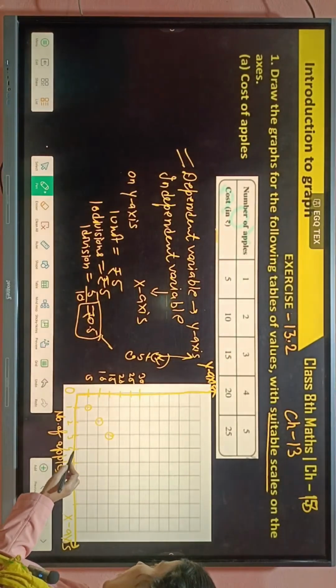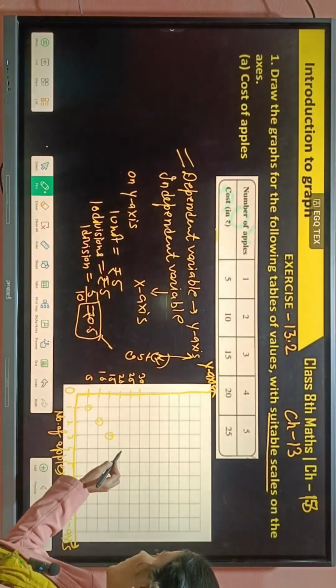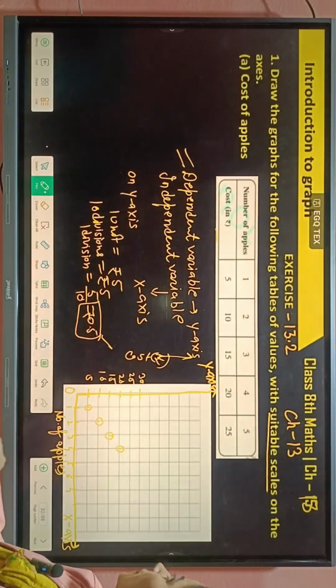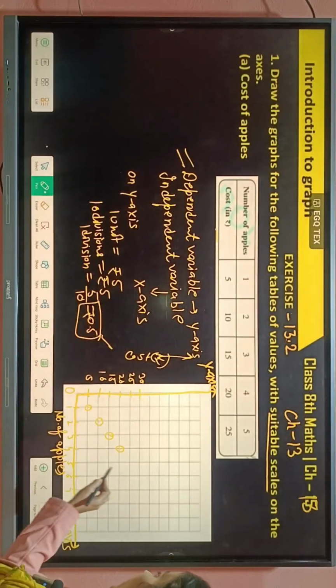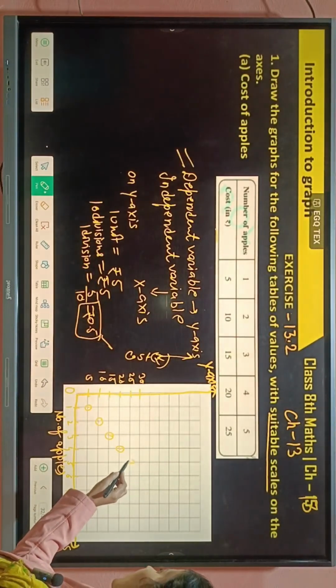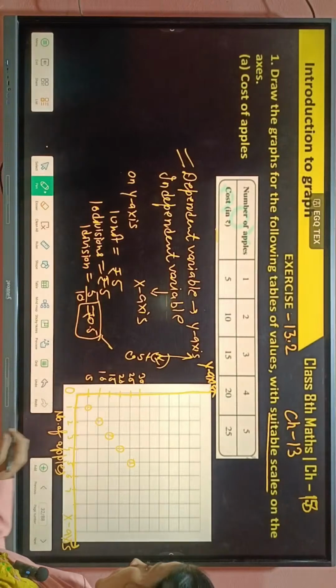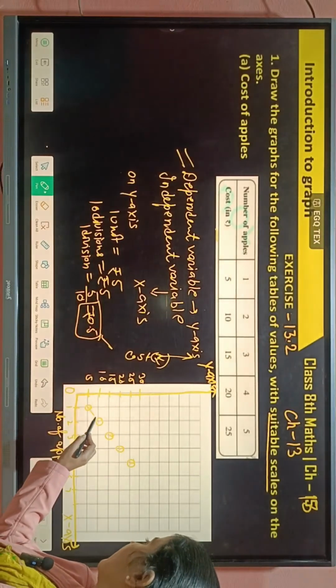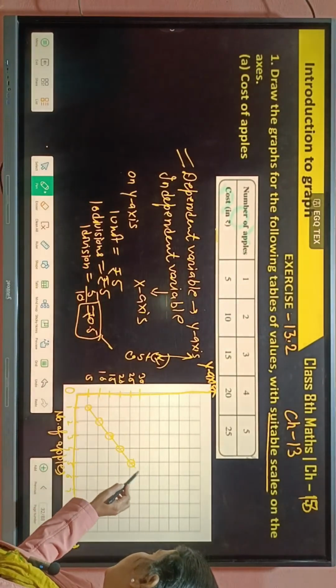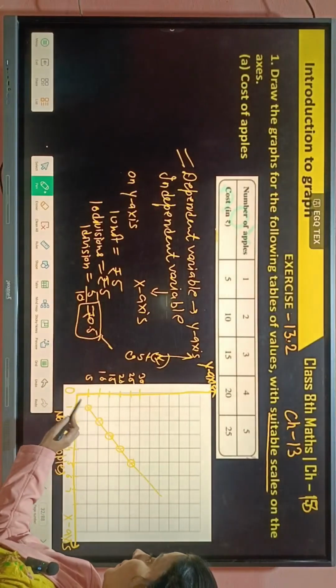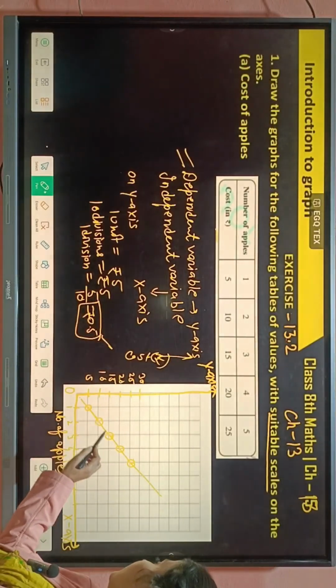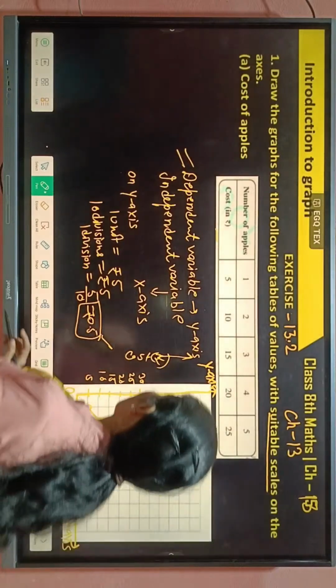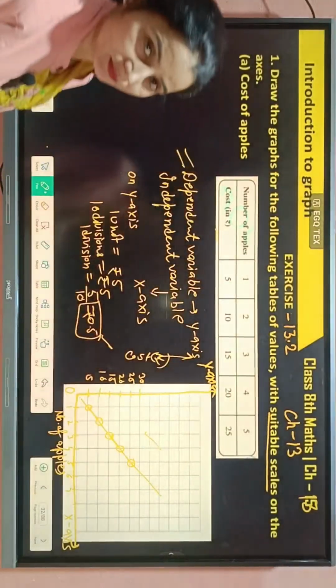Further, number of apples are 4 and corresponding cost is 20. Further, number of apples 5 and then corresponding cost is 25. So draw a line. Join this graph. Now you can join. This is graph for the given information.